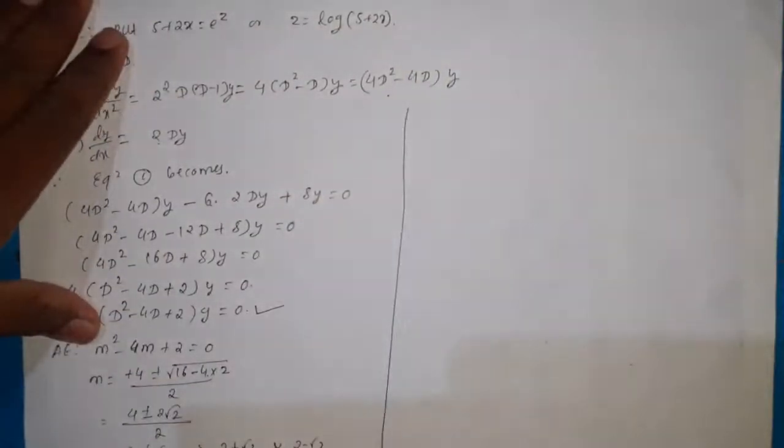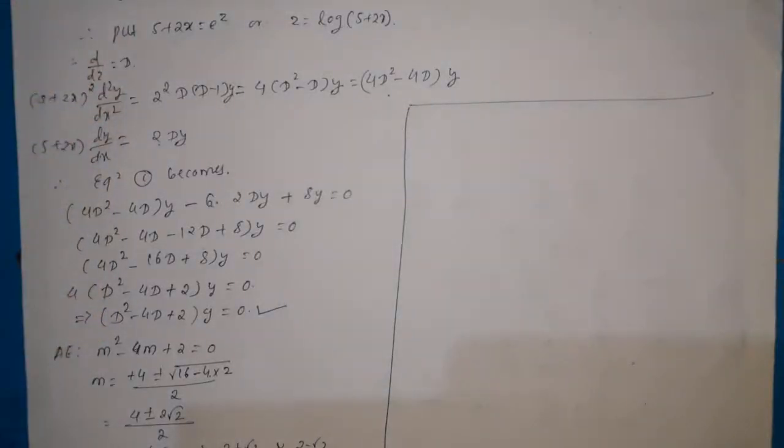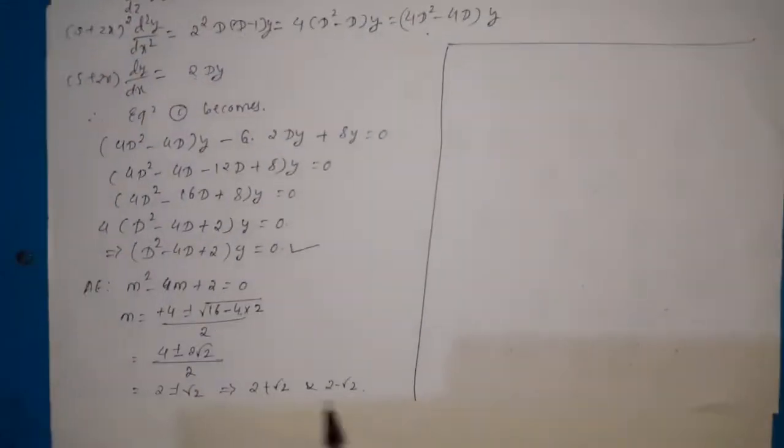Now for writing the complementary function, the conditions are the same. Here these two are real and distinct roots. Whenever the roots are real, the complementary function will be c1 e^(m1 x) + c2 e^(m2 x). But here, instead of x we need to consider z, as in the previous case.